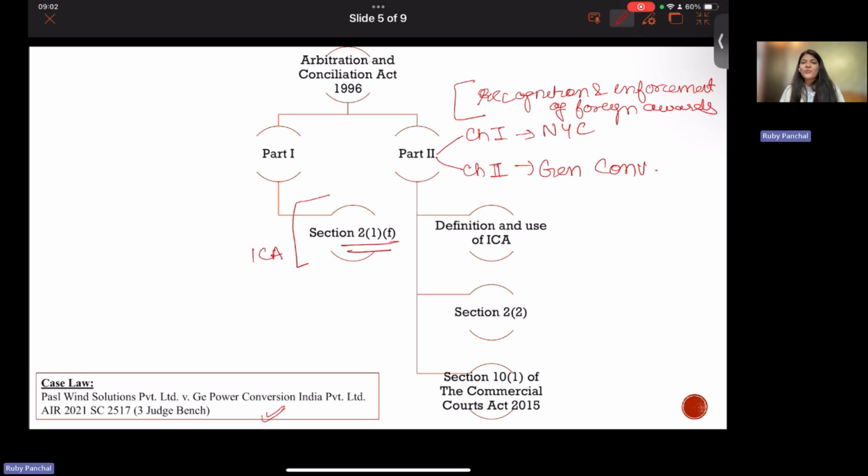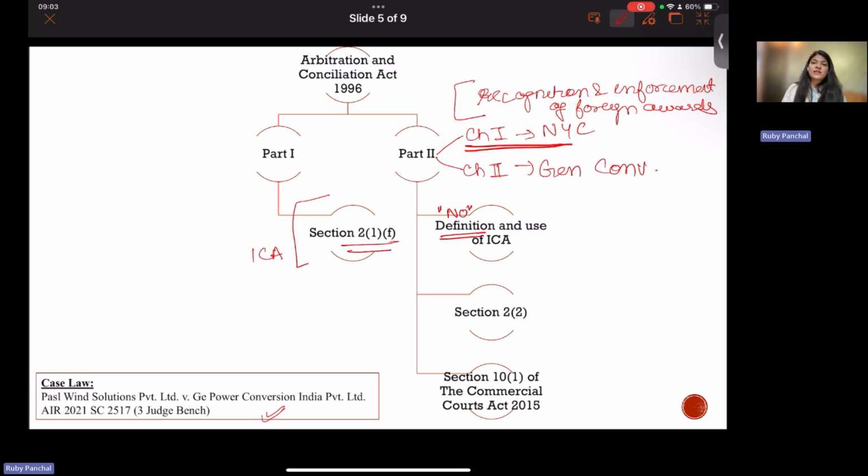Now, an interesting point to be noted. Firstly, we will look into Part 2 itself. Has international commercial arbitration been defined anywhere in Part 2? The answer to that would be a clear no. So you wouldn't find any definition clause per se for Part 2, specifically in Chapter 1.